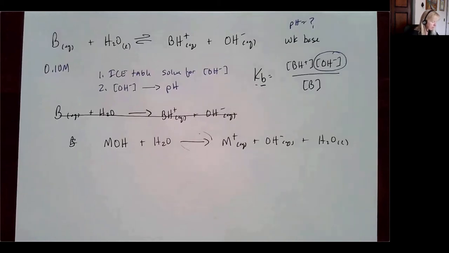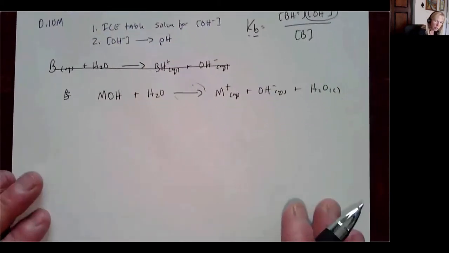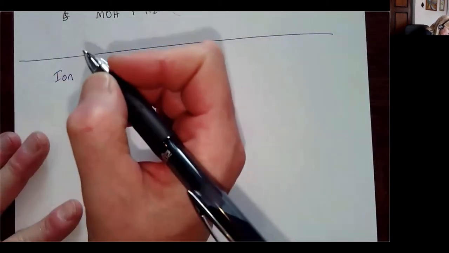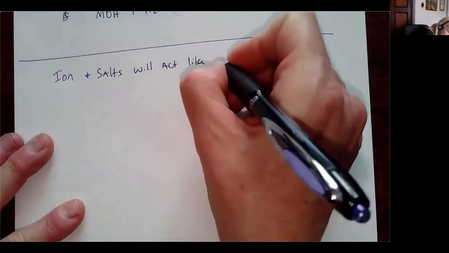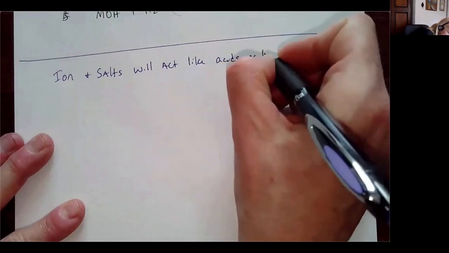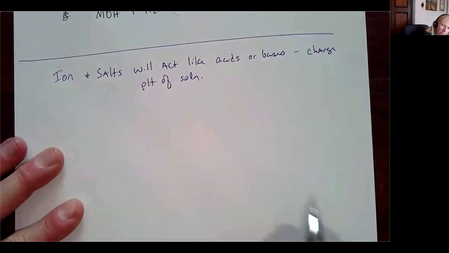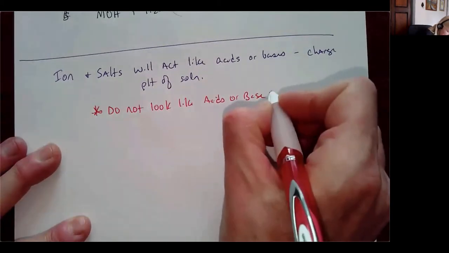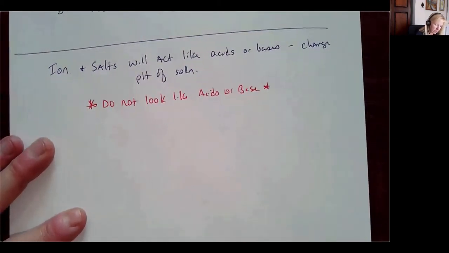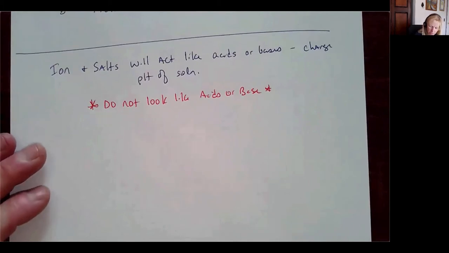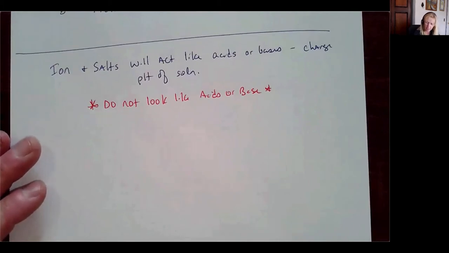The last thing that we wanted to cover in this chapter was what happens if you have an ion. Sometimes ions and salts will act like acids or bases, and they'll change the pH of a solution. They're not going to look like acids or bases, so we're not going to be able to tell just by looking at them. We're going to take each individual ion and see how it affects the solution.